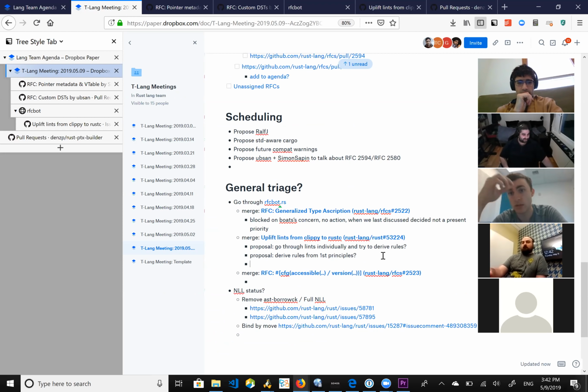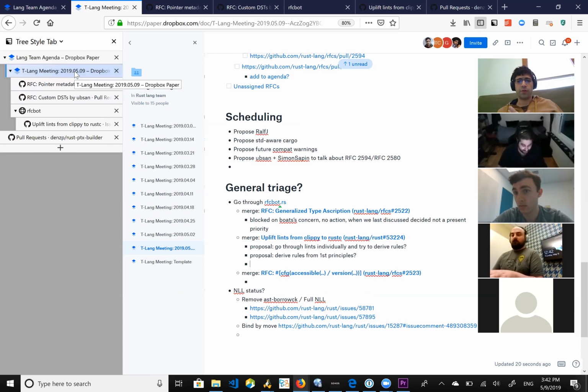I think lints are quite different from diagnostics in how they say how you should use the language. Clippy already did a lot of work here as part of the problem too, right? They're more semantic than style.